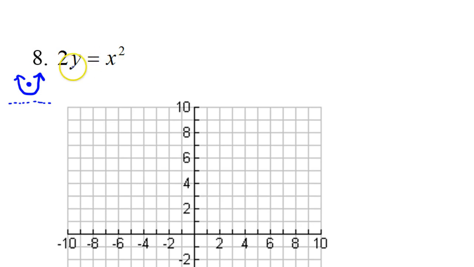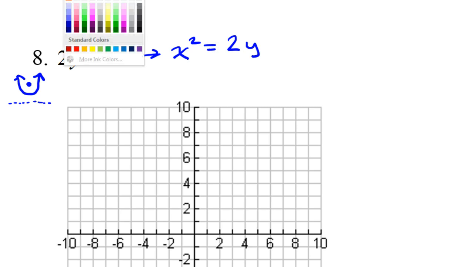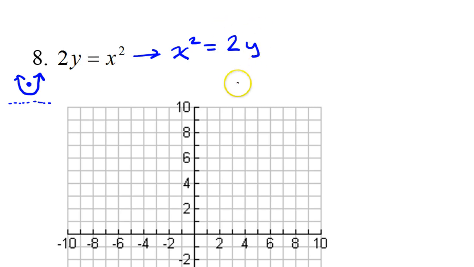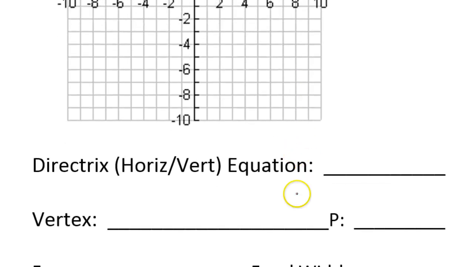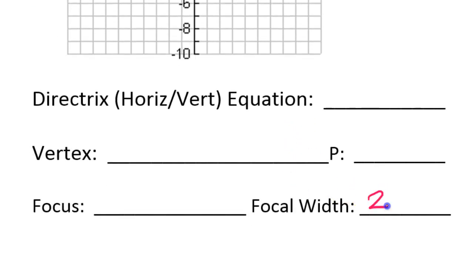Now in this unit, we usually put the squared term first. So this is the same as writing x squared is equal to 2y. Now this 2 tells me a couple of things. This is the focal width, which is always positive, but the focal width is going to be 2.